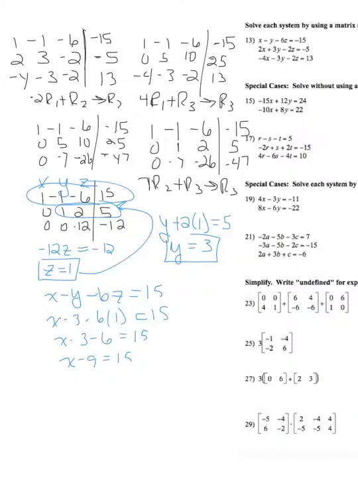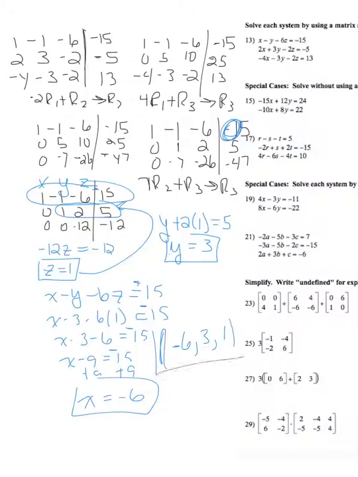And when I look up here, I see I forgot that negative on that 15 right there. That's actually negative 15 all along here. So negative 15, negative 15. So when I add 9 to both sides, we have x equals negative 6. So there's our solution set for that. x is negative 6, y is 3, and z is 1.